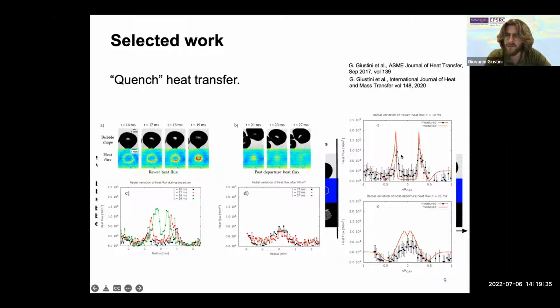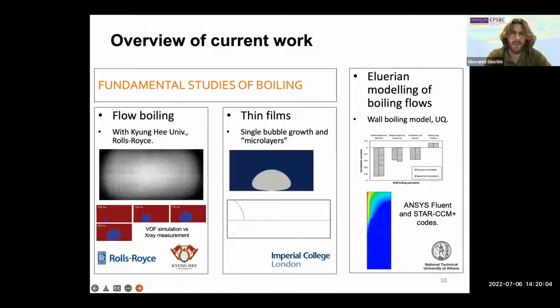The red line is the modeled heat flux directly extracted from CFD simulation. And the points with the black squares with the error band are direct measurements from observations of the bubble. So again, another example where we can see that the interface capturing approach is doing a good job at predicting the physics of boiling.